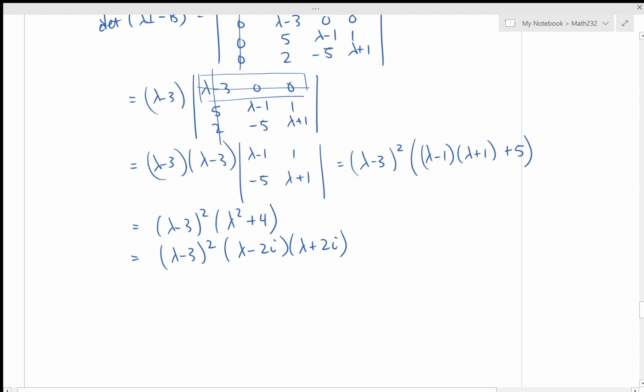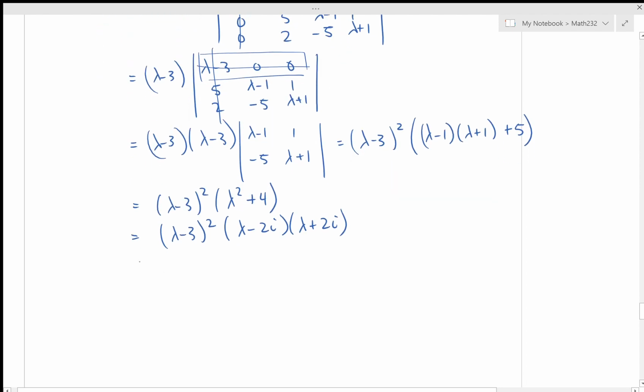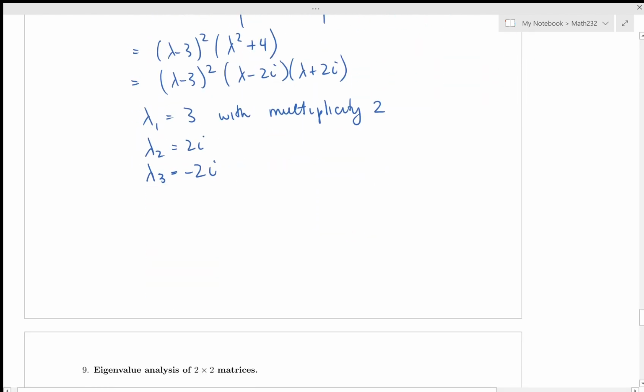So I have the eigenvalues lambda 1 equals 3 with multiplicity 2, and I have lambda 2 is equal to 2i, and lambda 3 is equal to minus 2i. There they are.